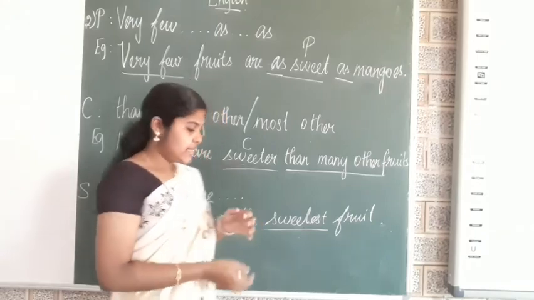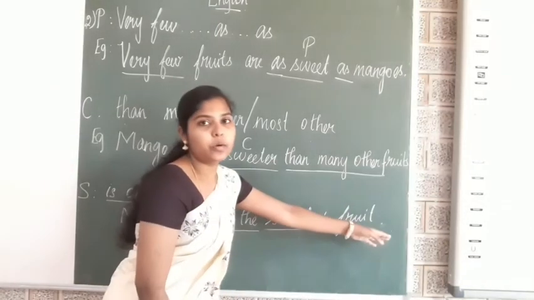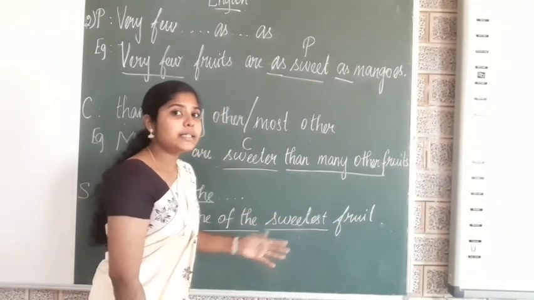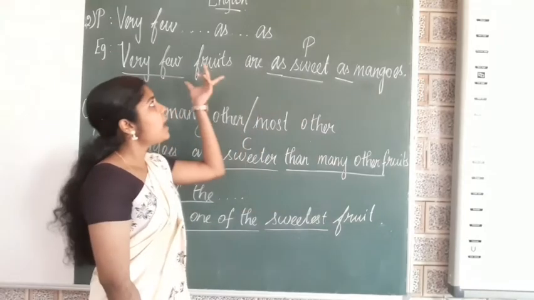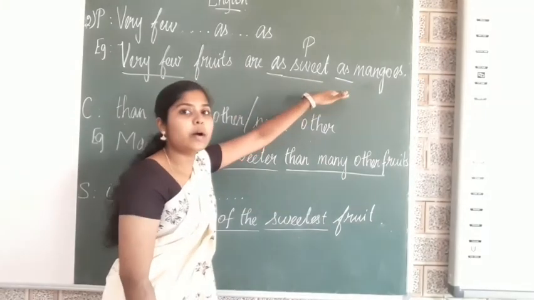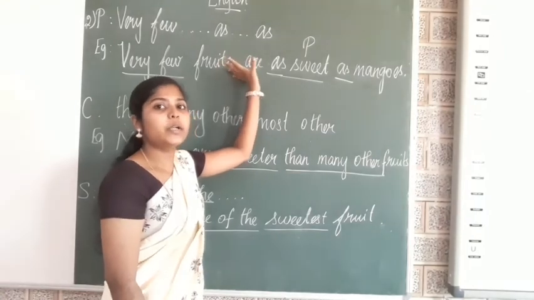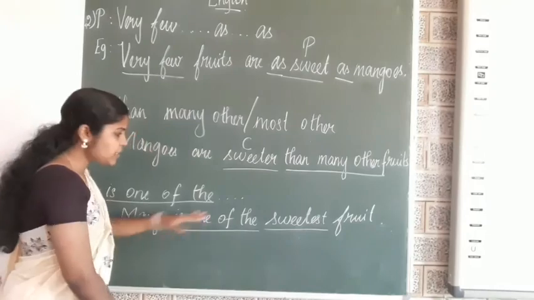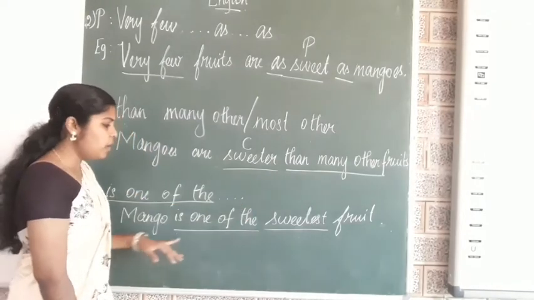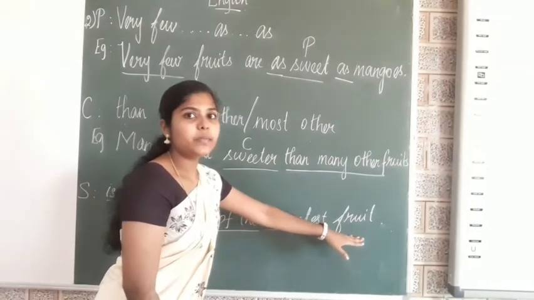So we are writing mango is one of the sweetest fruit. We cannot say mango is the sweetest fruit. Why? Because we are comparing mangoes with only a few fruits, to the maximum level, not on the whole. So in the superlative form we write mango is one of the sweetest fruit.